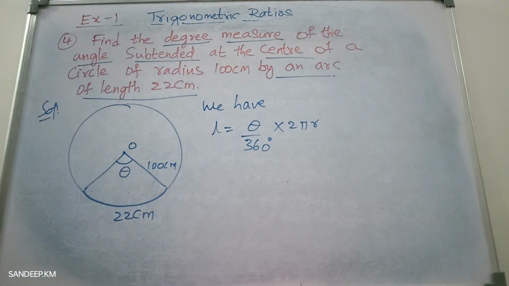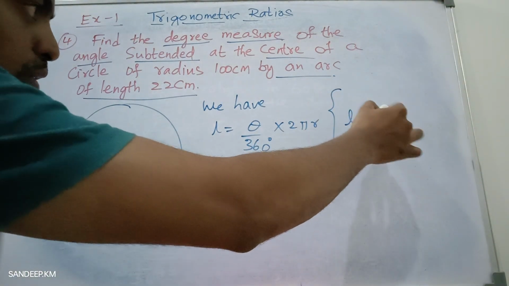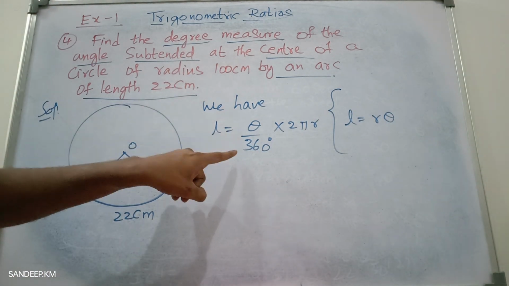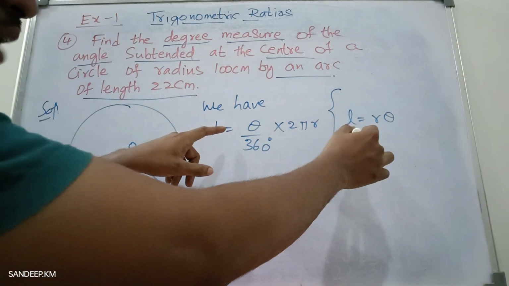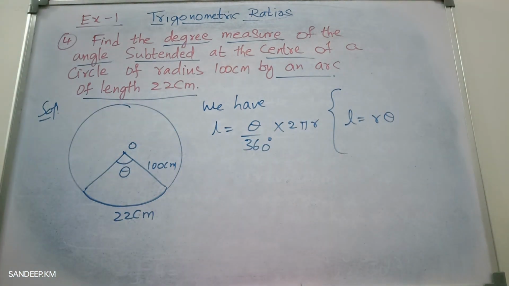And you can take L is equal to r theta if you want theta in radians. So you have to choose this formula if you want theta in degrees, and this formula if you want theta in radians. Both the formulae were explained in the previous video already.